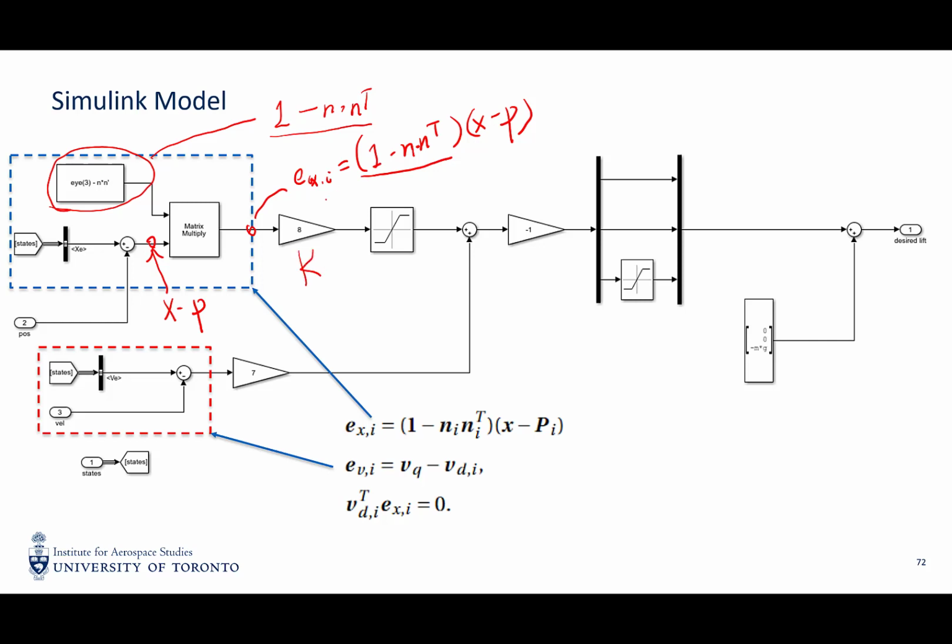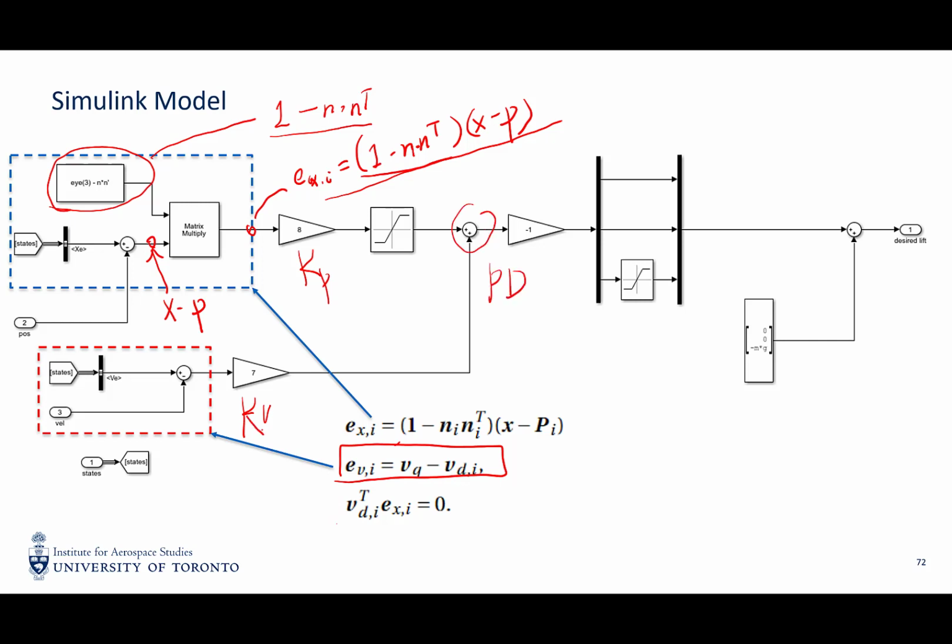Because this is a position error in general, we can use a Kp again. And this part is the velocity error, defined by just subtracting the VQ and VDI, and this can be treated as a derivative feedback. We term this feedback as a Kv, and then we sum together to form a PD controller.